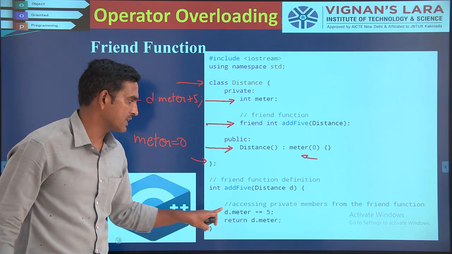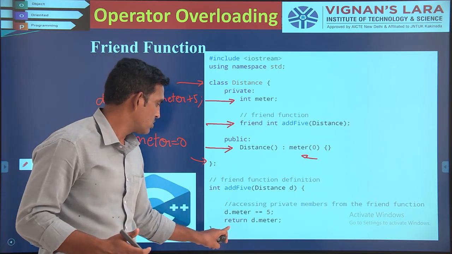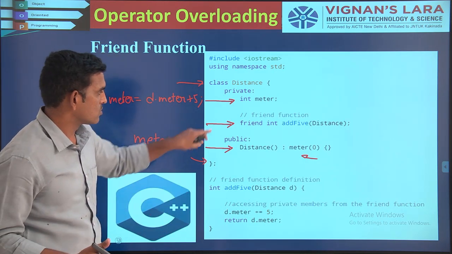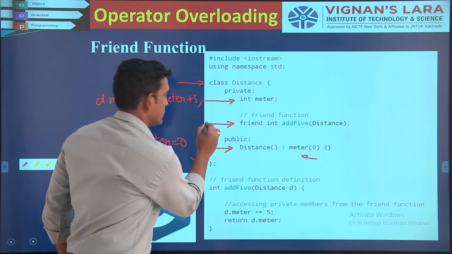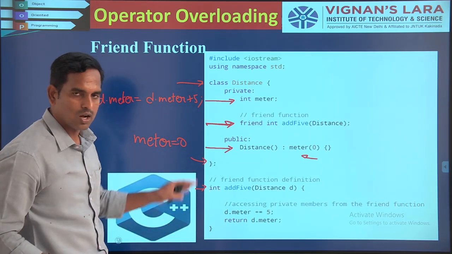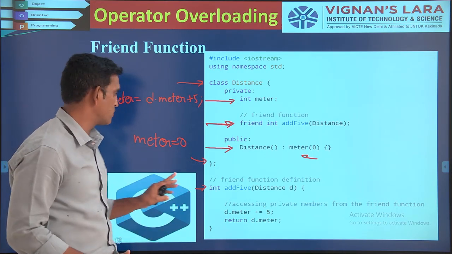So I am incrementing the meter value by 5 units, and after that I am returning the meter value. So you have just done a simple friend function declaration inside the class, and you have defined the friend function outside the class. It is just like the previous example.